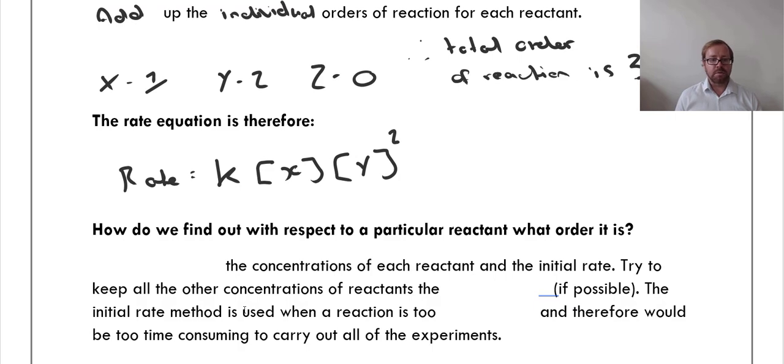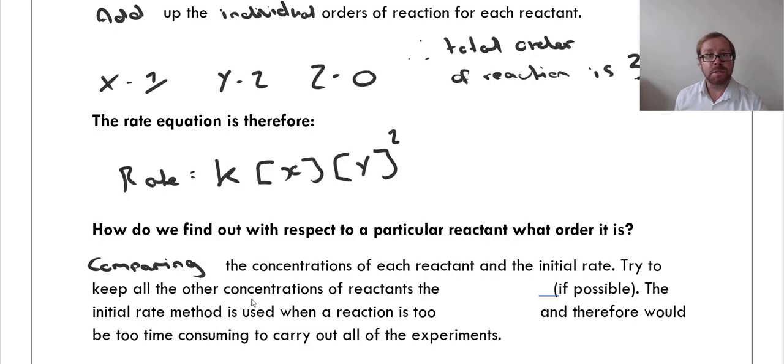So how do we find, with respect to a particular reactant, what order it is? How do we do this? And these are questions that you will definitely be asked about in the exams. So we can do this by comparing or analysing the concentrations of each reactant and the initial rate.